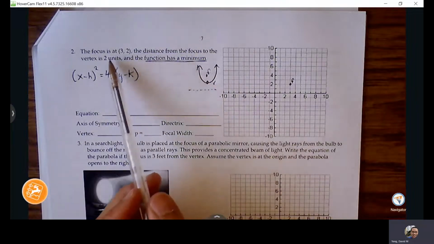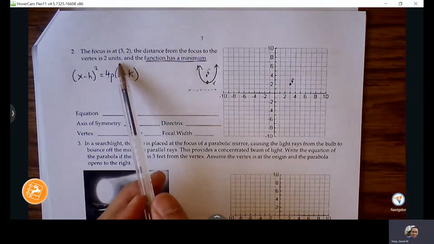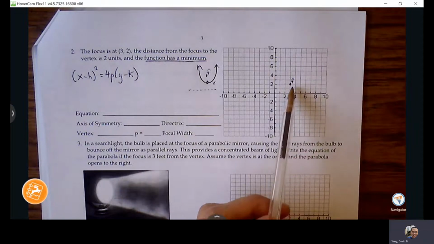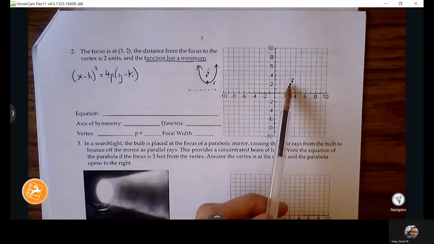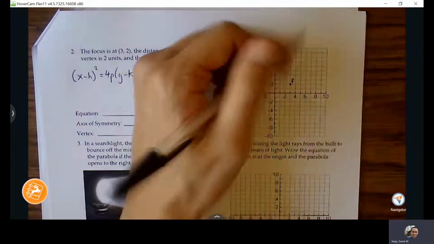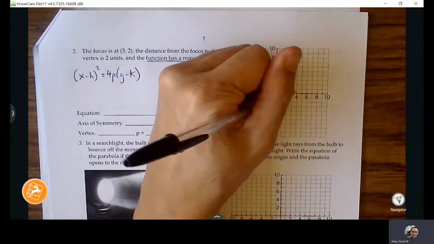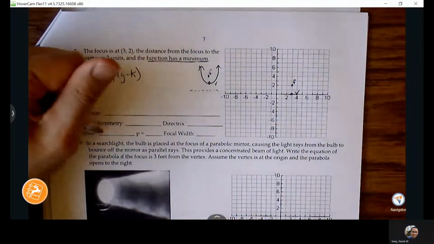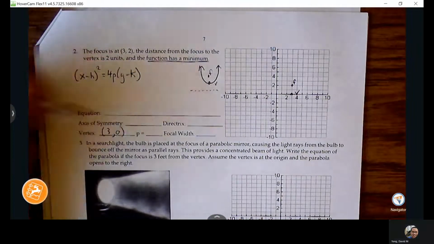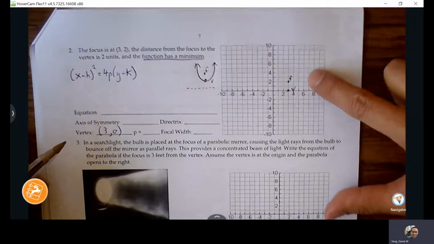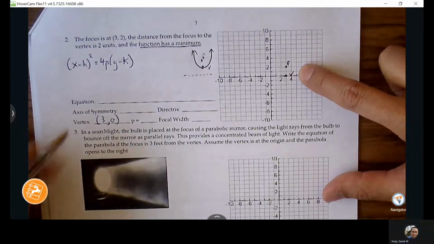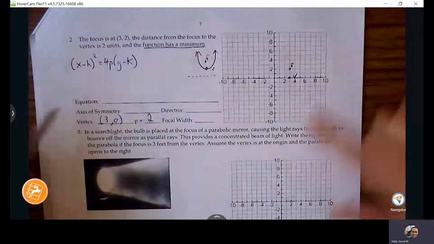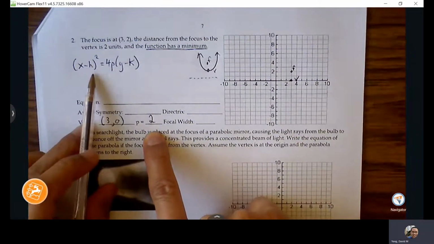It says the focus to the vertex is 2 units. So where's the vertex going to be? Yeah, it's going to be down 2 units, right? 3, 0. The p-value is 2. That should be enough to get your equation built.